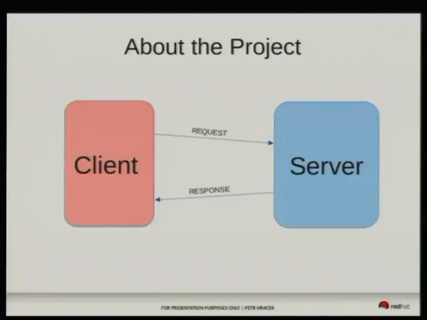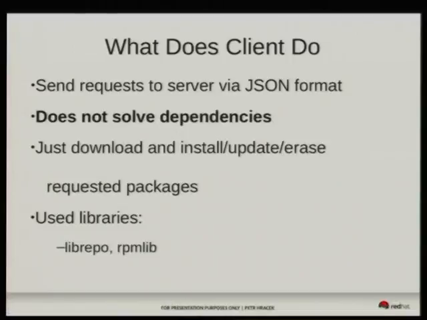Something about a client. If you want to use it, you should know this. Client sending only request to server. For sending request, we are using JSON structure in communication.